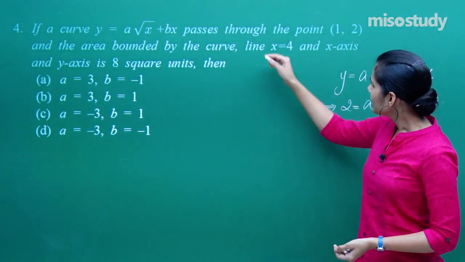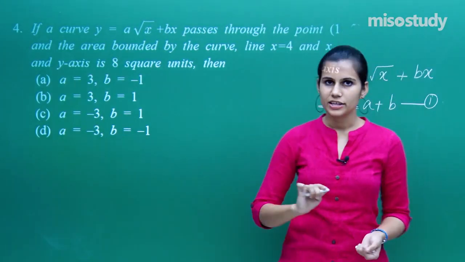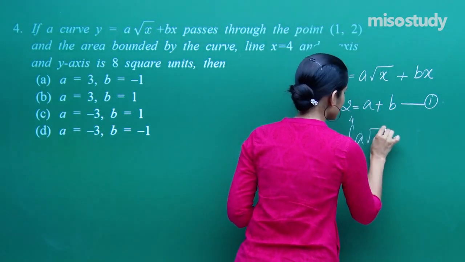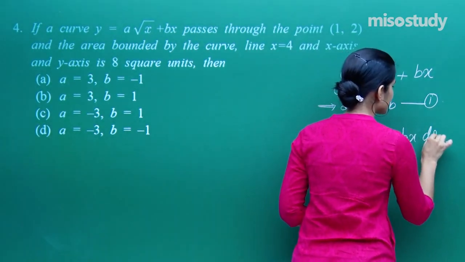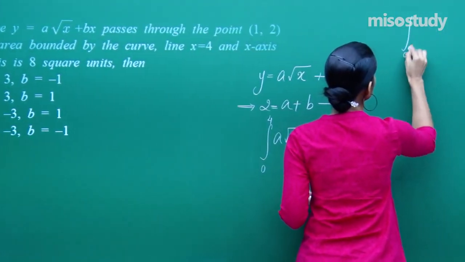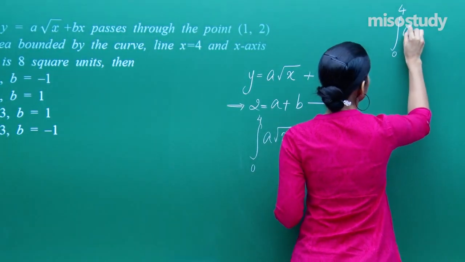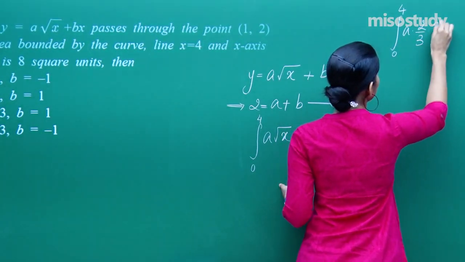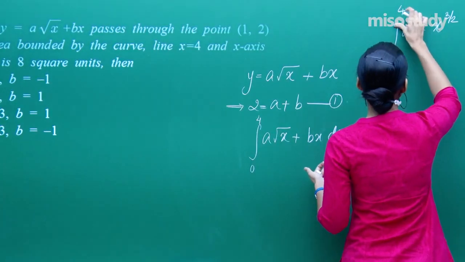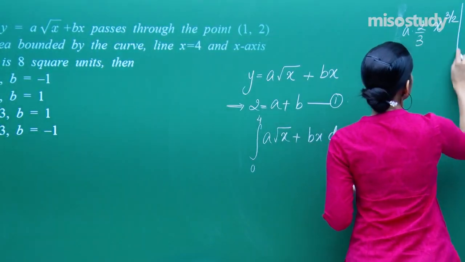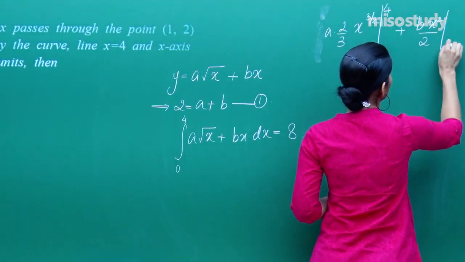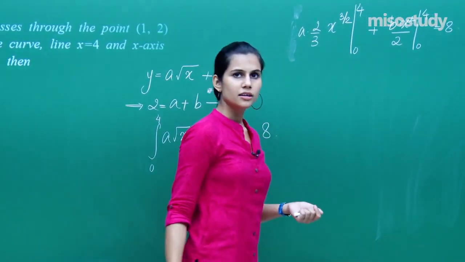The area bounded by this curve, the line x equals 4, the x-axis and the y-axis is 8 square units. That means the integral from 0 to 4 of (a root x plus bx) dx is 8. Clear? From here you get, from 0 to 4, a times 2 by 3 x to the power 3 by 2, that's the integration of root x, plus b x square by 2, again from 0 to 4, is 8.